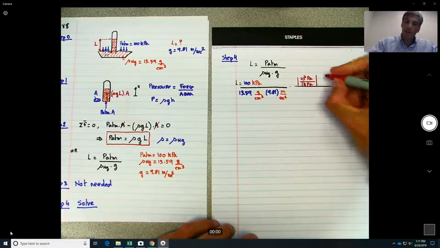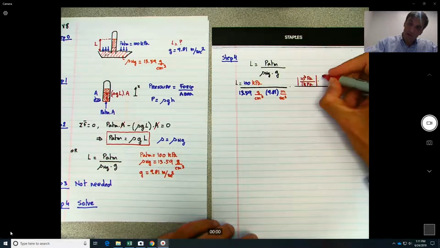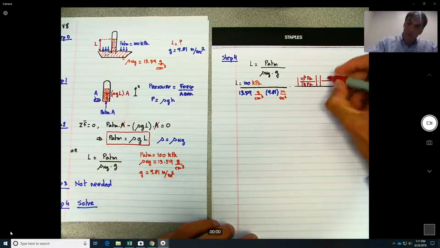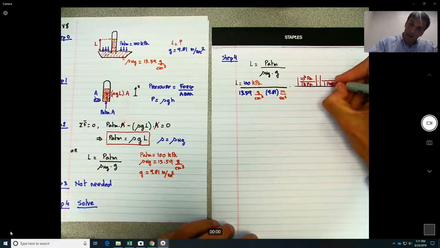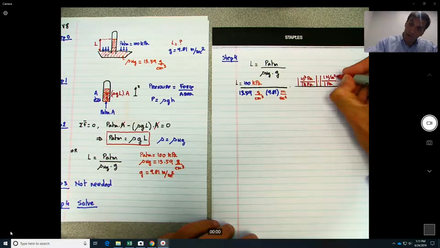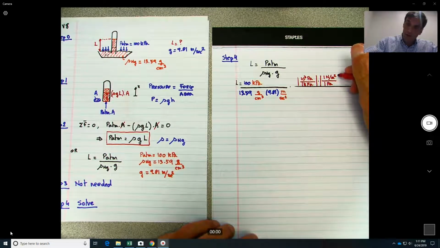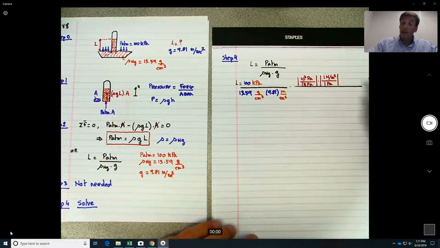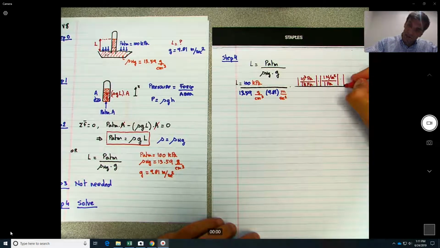Then we have that 1 pascal equal to 1 Newton divided by meter square. And then we have that 1 Newton will be equal to 1 kilogram meter per second square.